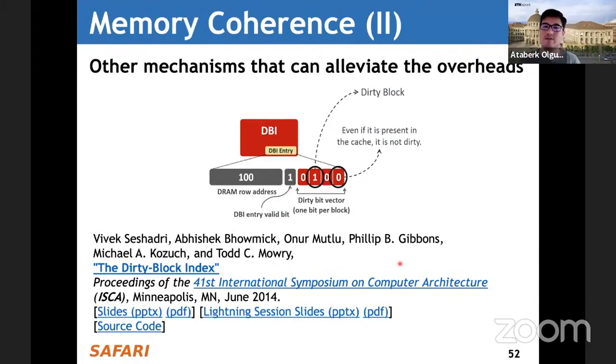The observation here is that not all cache blocks in a DRAM row will be actually cached in CPU caches. By keeping track of the parts of a DRAM row that are actually cached, we can execute the CLflush operation only for those cache blocks. So we will skip the CLflush operations for the cache blocks that we know for sure don't reside in CPU caches, and that will help us reduce the overhead of these operations.